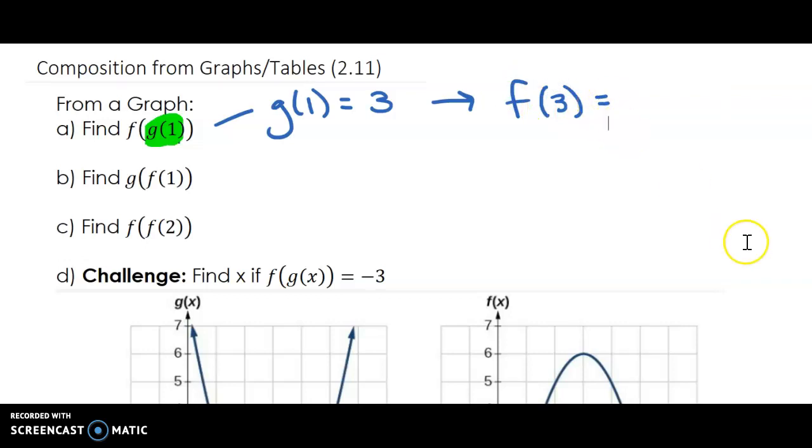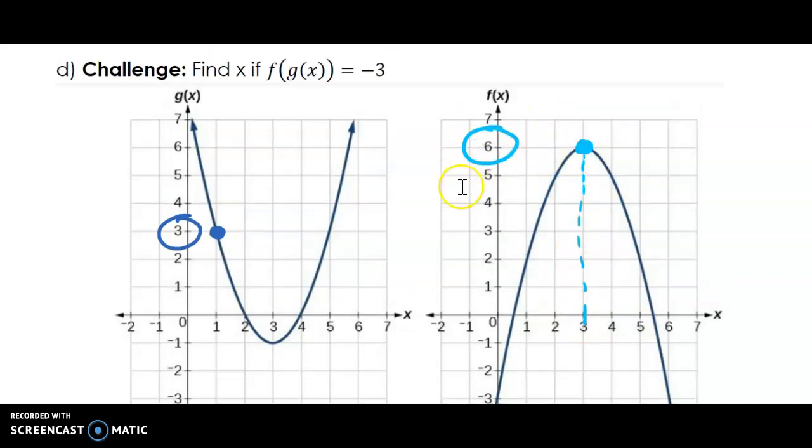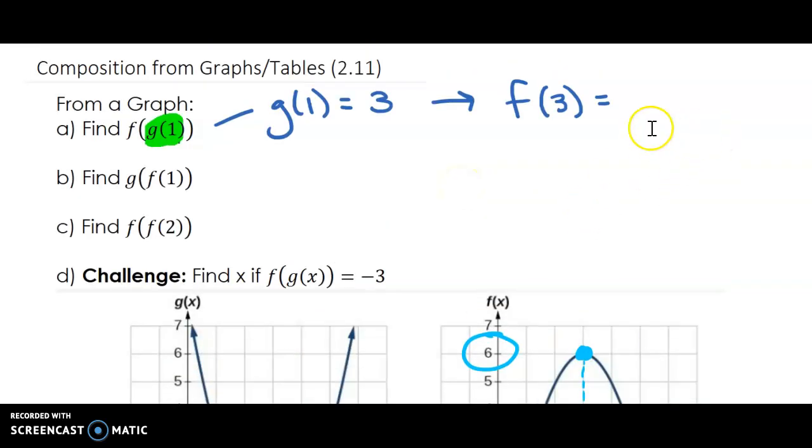Same thing when we look at our graph at an x value of 3, where's our function defined? We see that at x equals 3, our function is defined at a y value of 6. And so that is going to be our final answer here. And so f of g of 1 is equal to 6. That would be our final answer here.